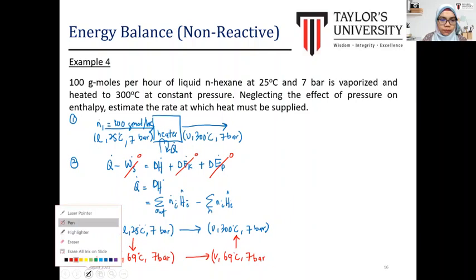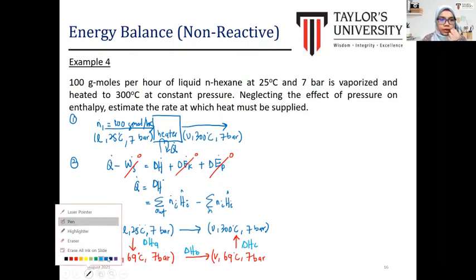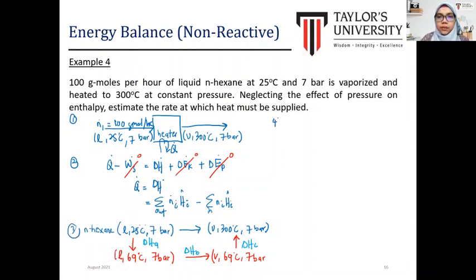So we have three paths to be calculated here: this is maybe delta H_A, then delta H_B, and delta H_C. The fourth step is to determine each path.